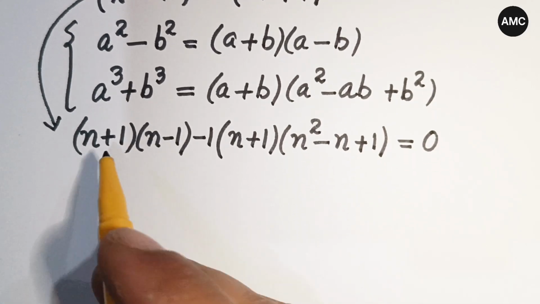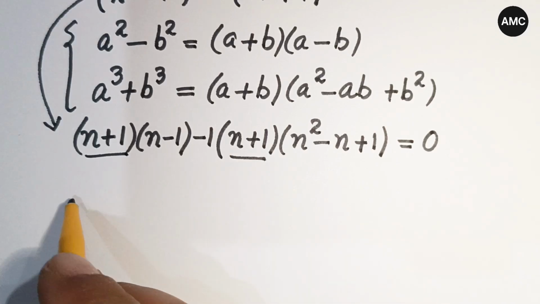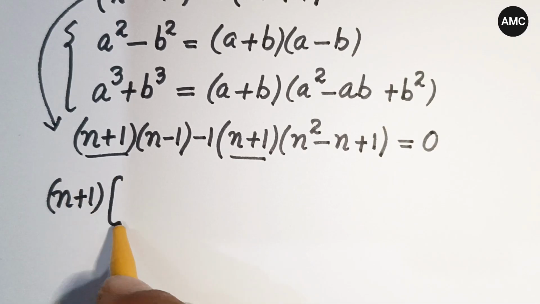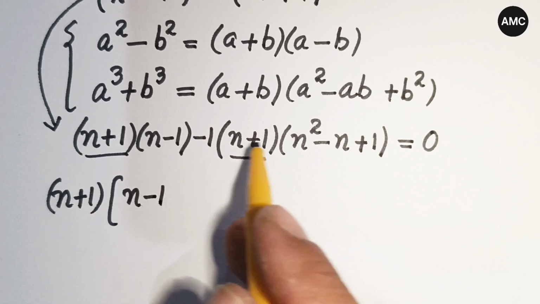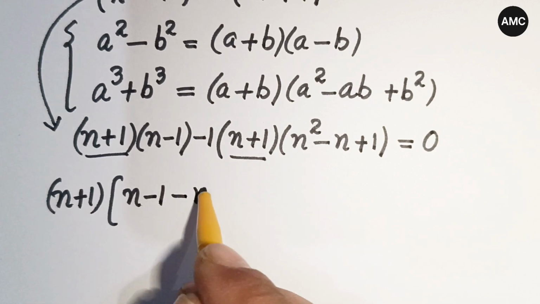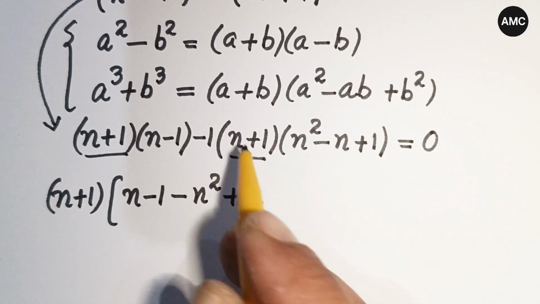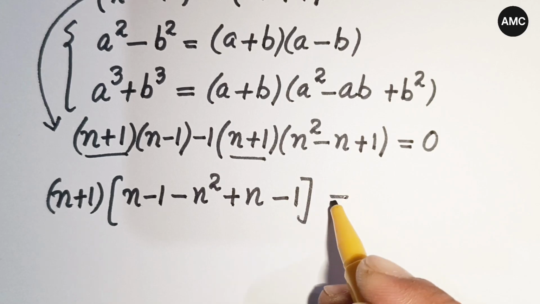Now here this n plus 1 and this n plus 1 is a common term, so taking n plus 1 common outside the bracket, inside the bracket we get n minus 1, then this minus 1 times n squared we have minus n squared, then minus times minus is plus n, and minus times plus is minus 1, is equal to 0.